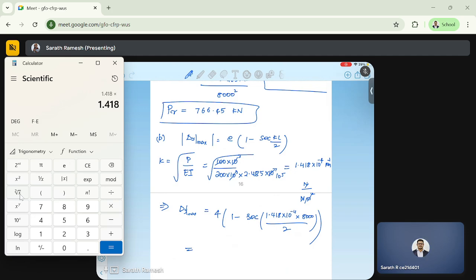1.418 into 10 to the power minus 4 into 4000, secant of this, minus 1.